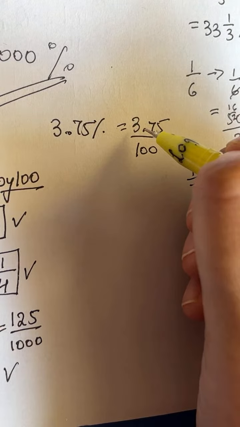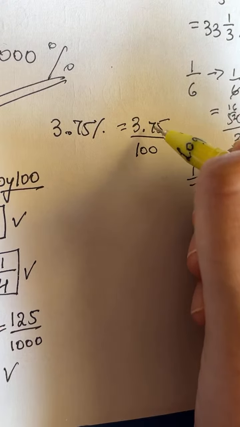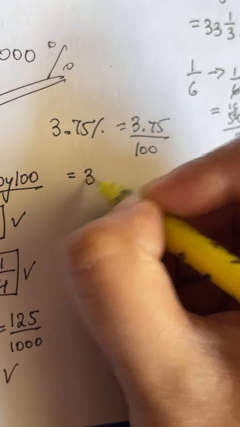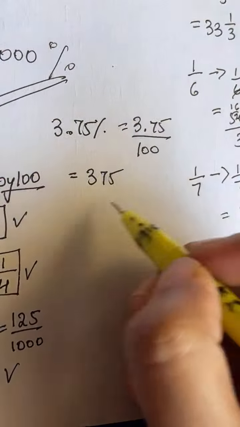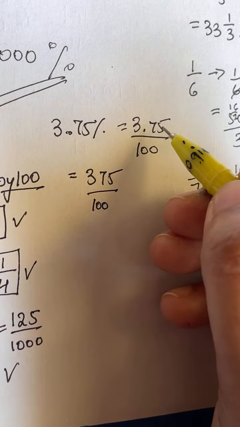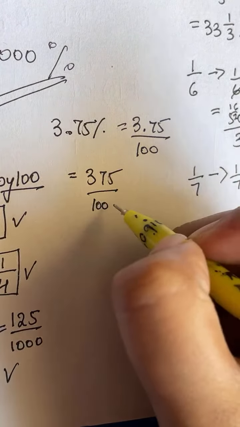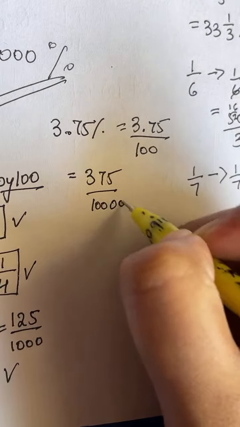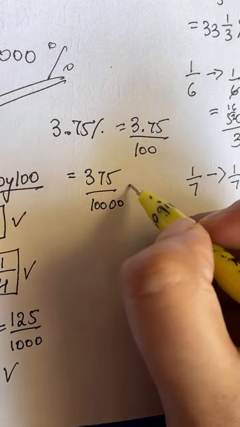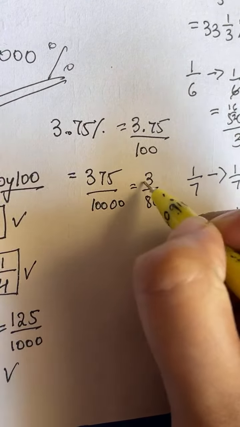And if you want to remove the decimal, you have to check how many digits are there after the decimal. There are 2 digits, so you're going to write the number back, 375 out of 100. You're going to add that many zeros, 2 digits, so 2 zeros. And now when you solve for that, 375 over 10,000, you're going to get 3 over 80.